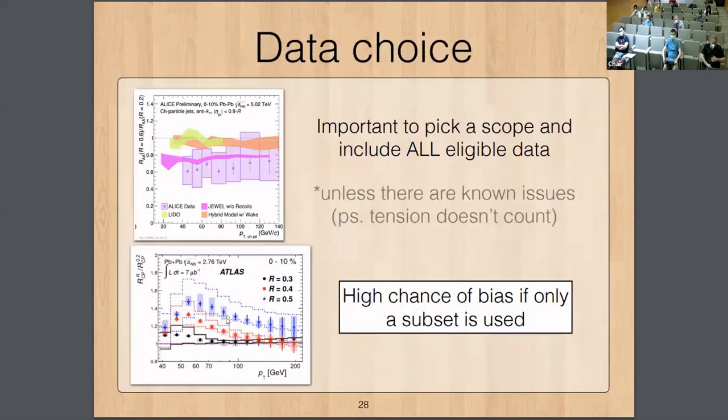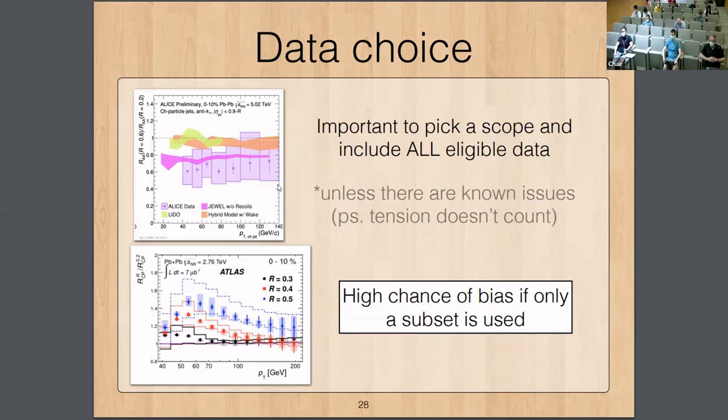So I think for most of the early analysis, we only pick a subset of the eligible data. For example, in the Q-hat analysis, in the first iteration, we only have some of the bins and some of the experiments' results, and not everything. And this is a point that we have to keep in mind when we go forward, which is that we really need to include all the data that's within the scope.